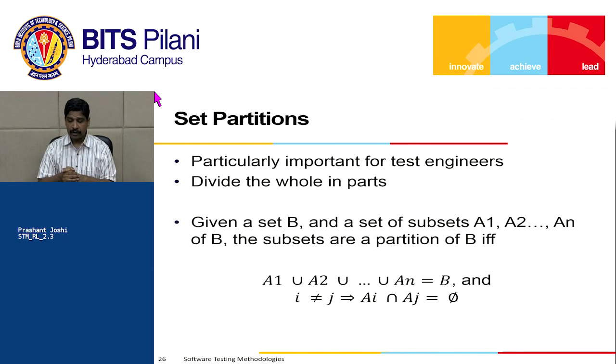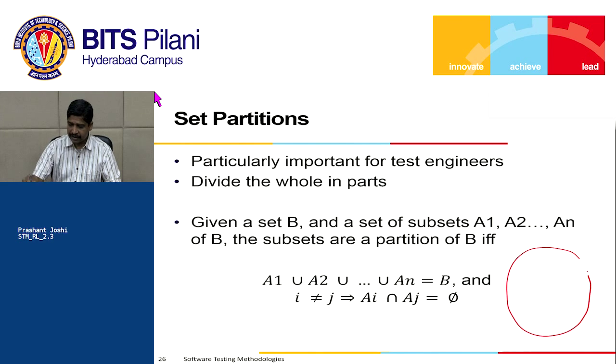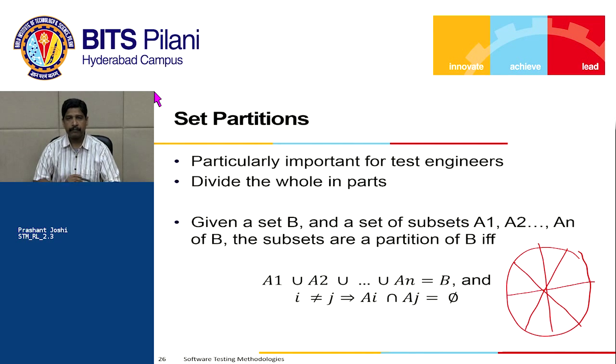Set partition. One of the things that comes to my mind when you look at how you wish to partition the set is that, say, if this is a set and I wish to partition the set like a pizza. Each part is unique. Each part, when put together, forms the whole set. It divides the whole into parts, each of them with a property.